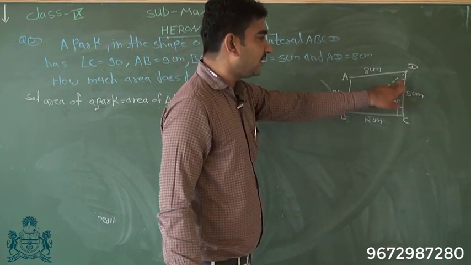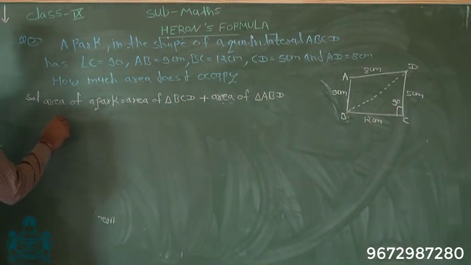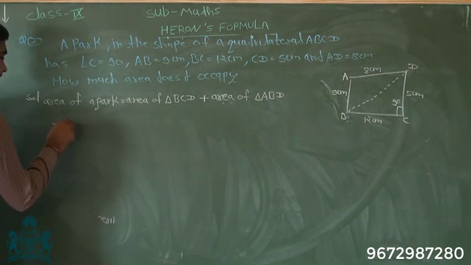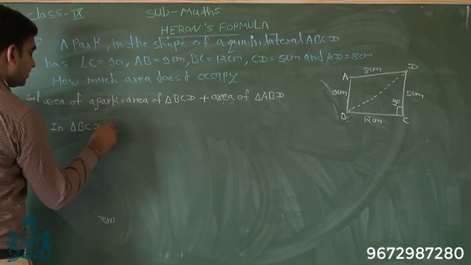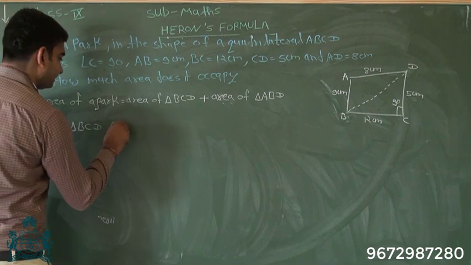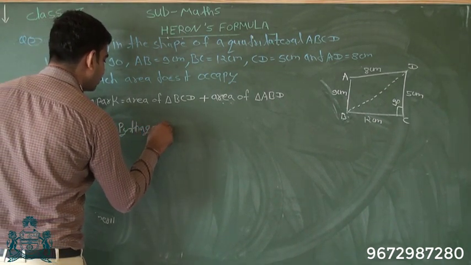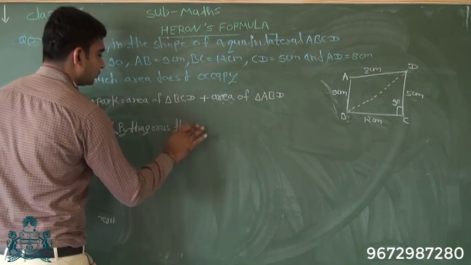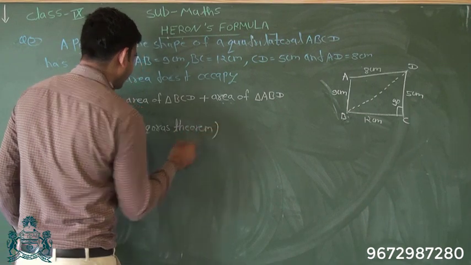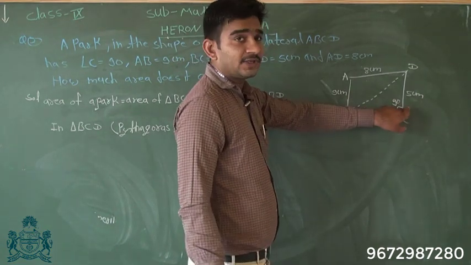Then in triangle BCD, using the Pythagoras theorem, the hypotenuse square equals base square plus perpendicular square.